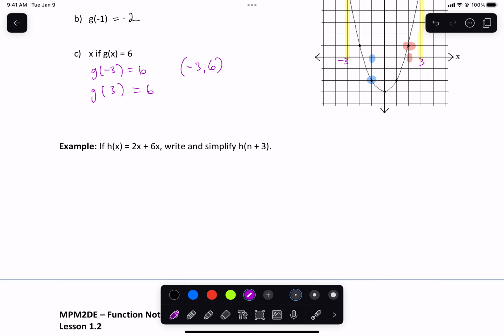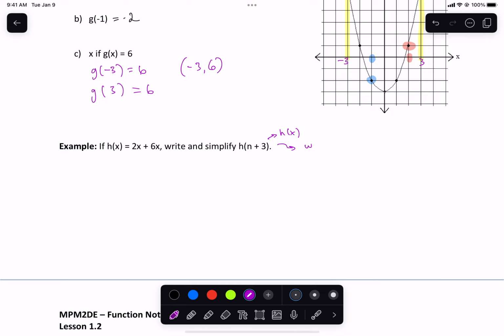Basically, whatever is on the inside of that bracket, whatever it tells you to substitute, substitute it in and simplify. That's it. Wherever you see an X, I'll write this in words. Remember, this is h of x. We've replaced the x with something.